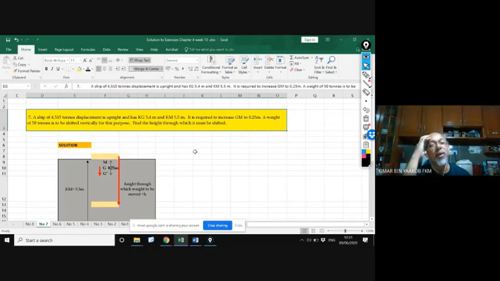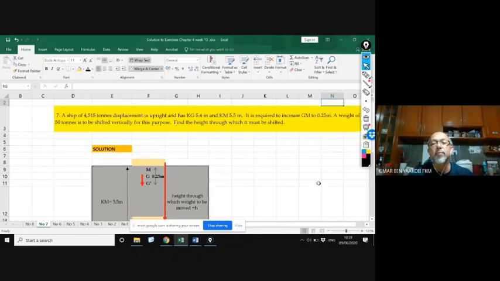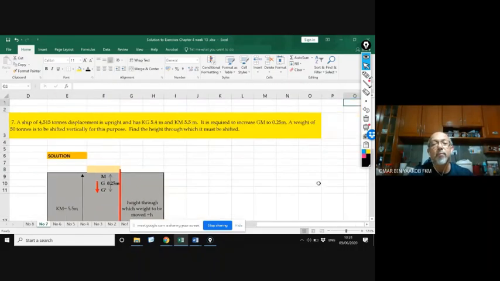A ship of 4,515 tons displacement is upright and has KG of 5.4 and KM 5.5. It is required to increase GM to 0.25, and a weight of 50 tons is shifted vertically for this purpose. Find the height through which it must be shifted.